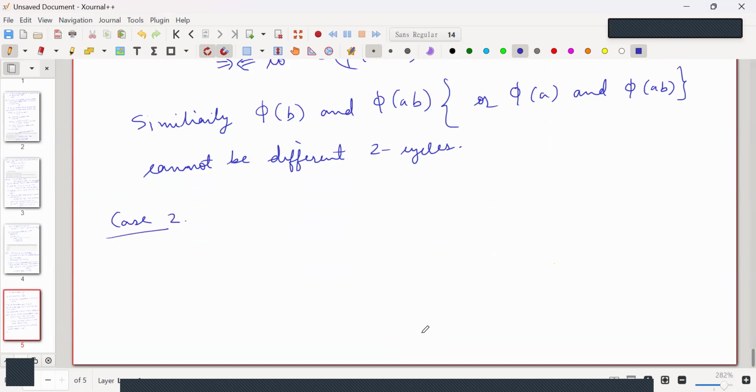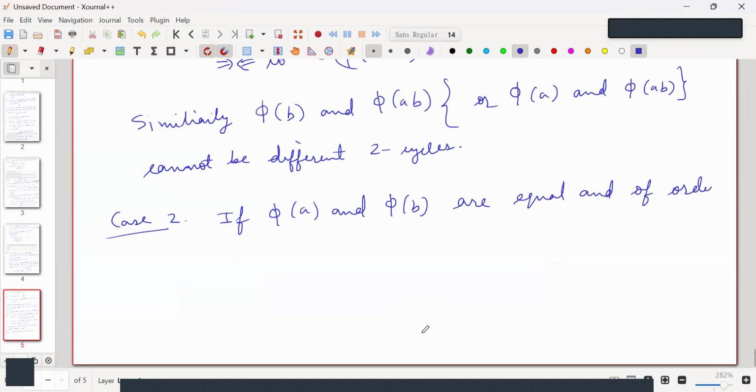Case 2. If phi A and phi B are not equal and of order 2, that means they are mapping to the same 2 cycle.